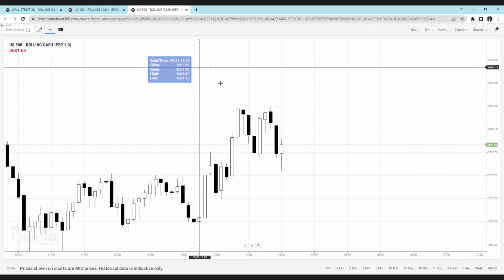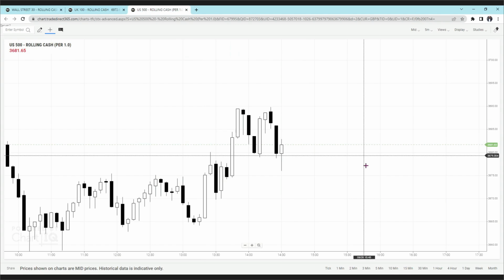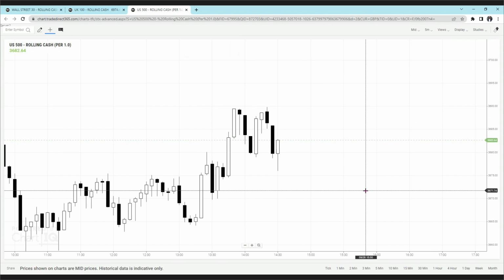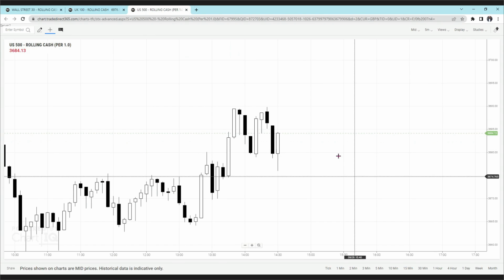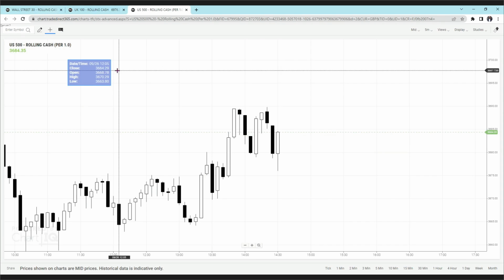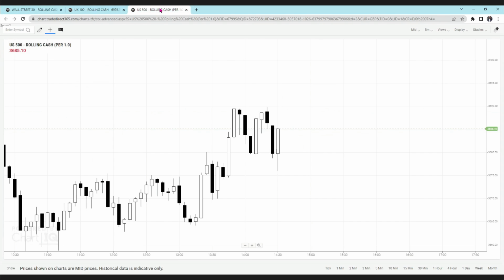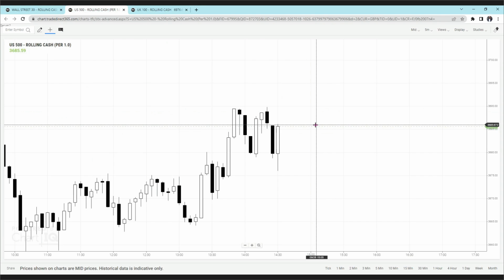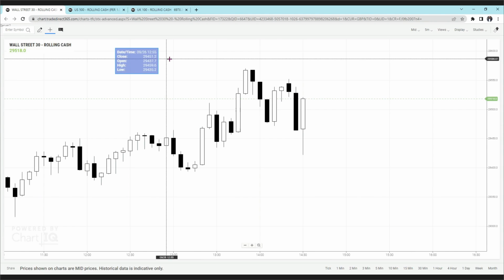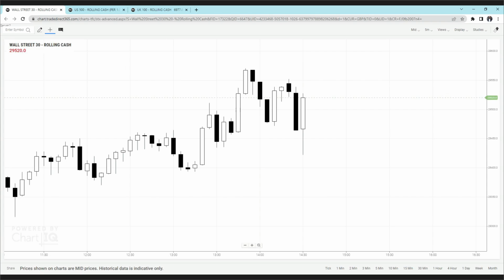Just for your benefit, I want to show this. On the S&P 500, they seem to be moving in sync. I always look at the Nasdaq side by side with the Dow. Always.